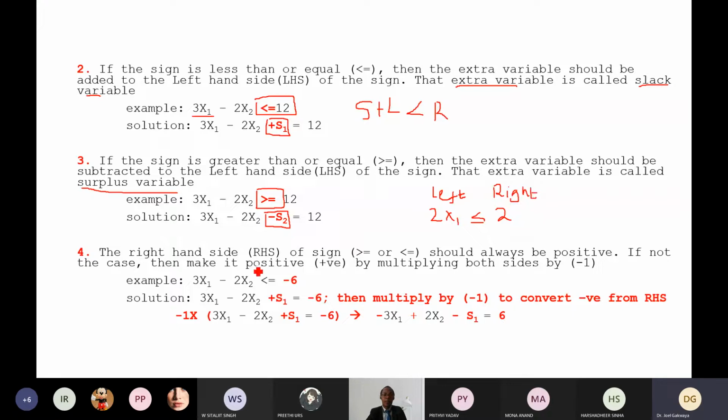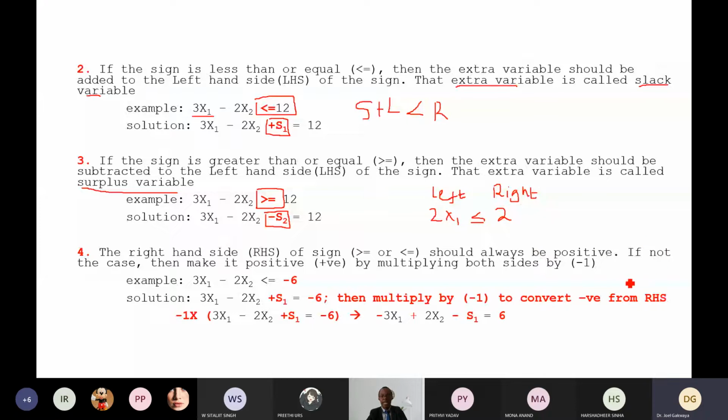So, point number 4 says, the right-hand side of the sign should always be positive. If not the case, if the right side of the sign is not positive, meaning it is negative, then we have to convert it into a positive side. By what?